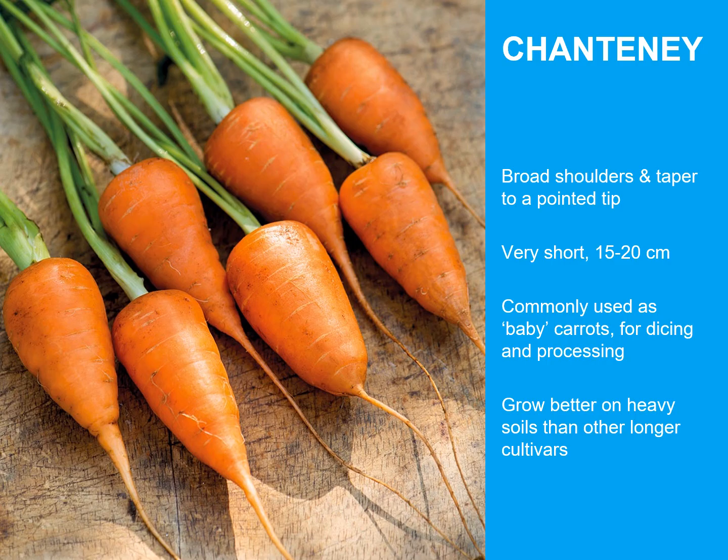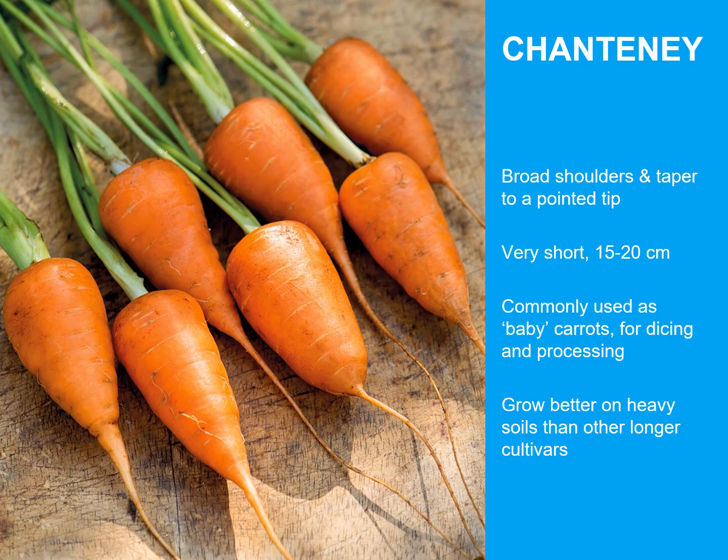Next we have the Chantenay carrots. This is a type of carrot with broad shoulders and a very short tapering to a pointed tip. They're quite stubby, only usually about 15 to 20 centimeters long. They're commonly used as baby carrots and included in products for dicing and processing in other meals and foods.